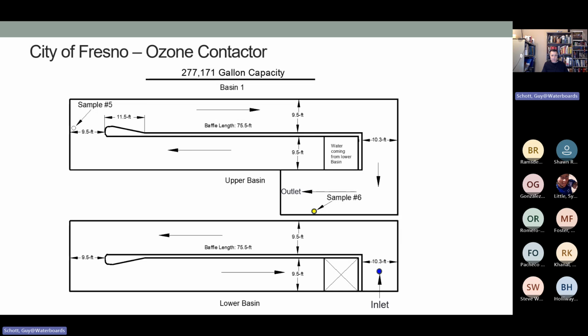Then here's the system we did in Fresno. It's an ozone contactor, an underground system with contactors one on top of the other. The water flows in and serpentines around this baffle, then flows up to the next baffle, comes out here and around and out here, and this is where we're taking samples.